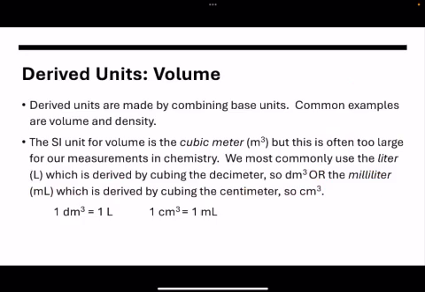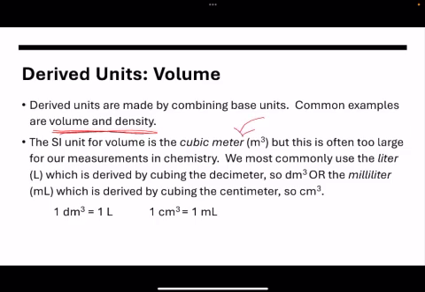All right, a lot of the units and measurements that we use in chemistry are derived units, and these are made by combining the base units. Some common examples that we often use are volume and density. So the SI unit for volume is the cubic meter.